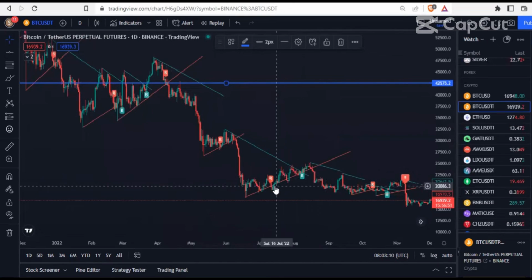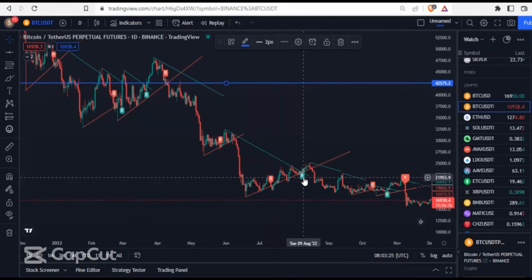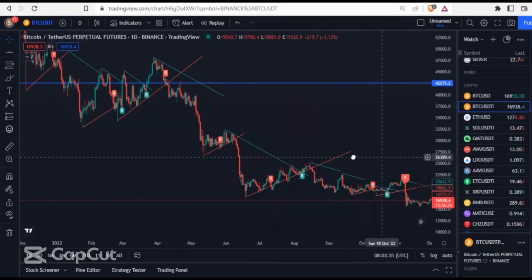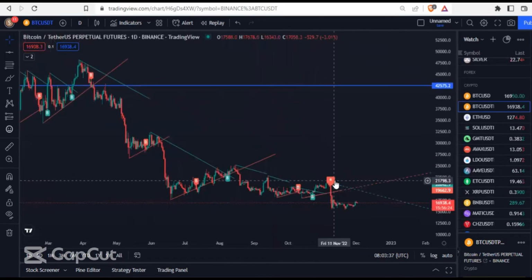Another thing you need to understand: this B in red identifies a bearish breakout, while B in blue identifies a bullish breakout. So anytime you see B in red, it's a bearish breakout, B in blue, a bullish breakout. After here, we experience a breakdown from here until we get here, and we started moving, a little break up and break down here.